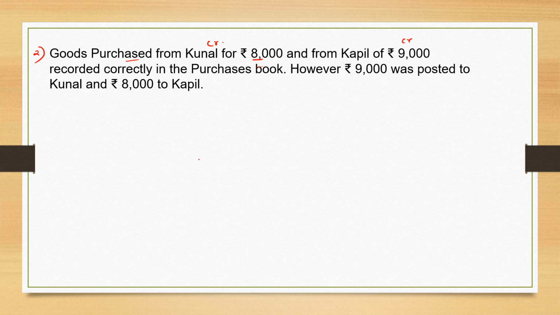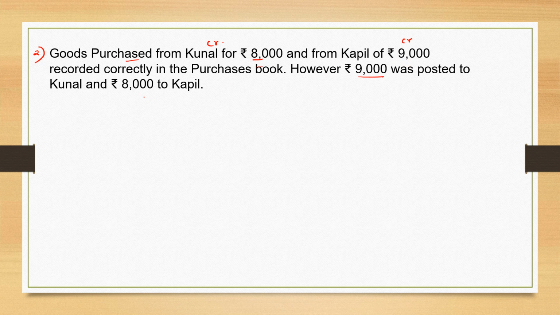However, when they are posting from the purchase book into the ledger, into Kunal's and Kapil's ledger, there is a mistake. What have they done? They have posted 9,000 to Kunal. But Kunal should have been posted with 8,000. But how much they have posted? 9,000. And 8,000 to Kapil. And for Kapil, 9,000 should have been credited. But how much has gone?